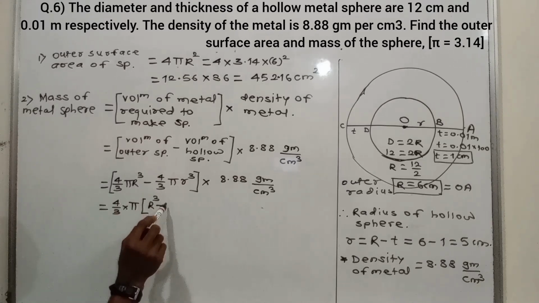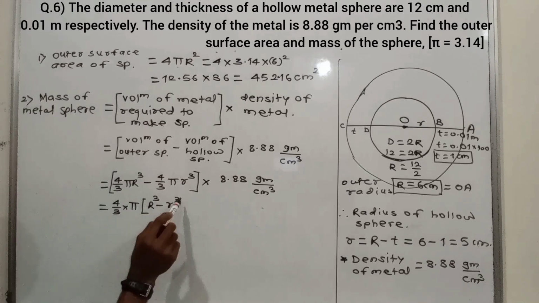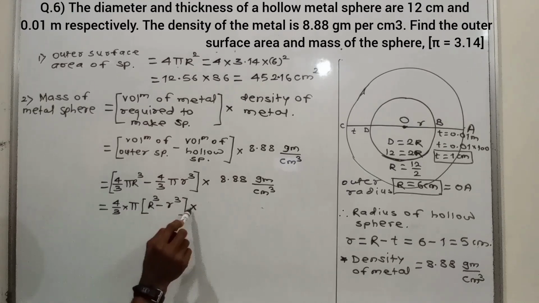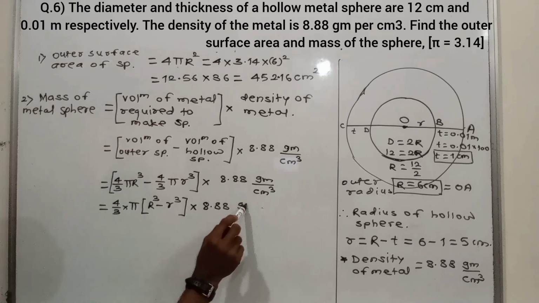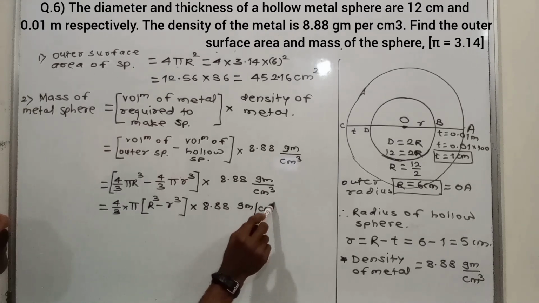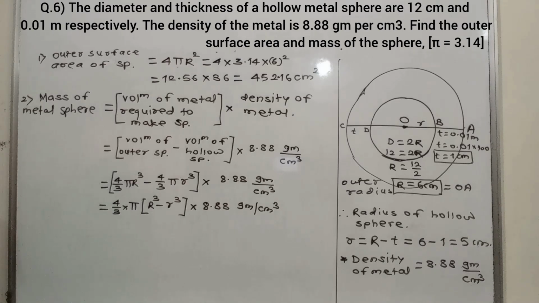R cube minus this capital and small letter, into 8.88 gram per centimeter cube. Now here value of pi 3.14 into 3.14.